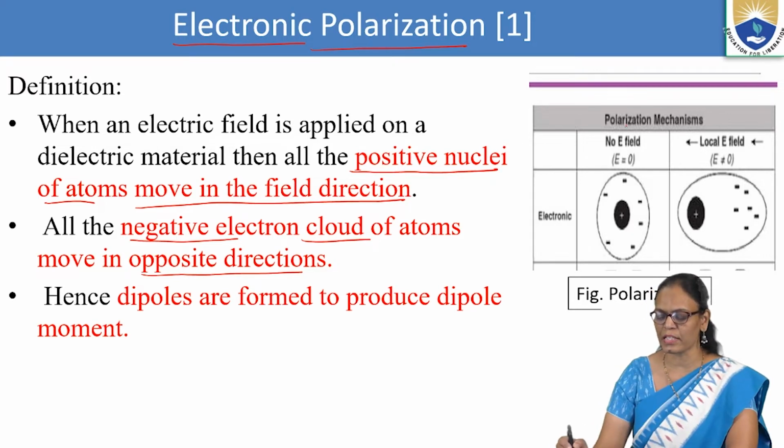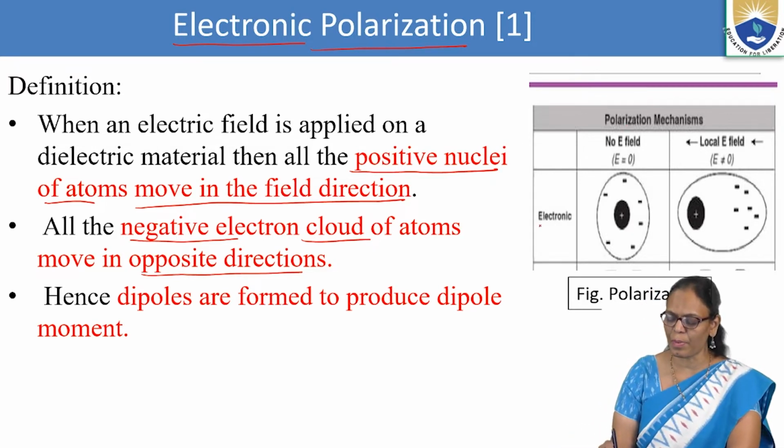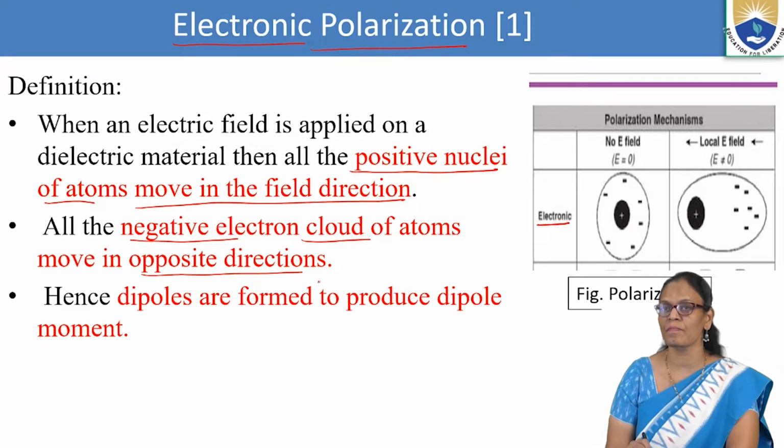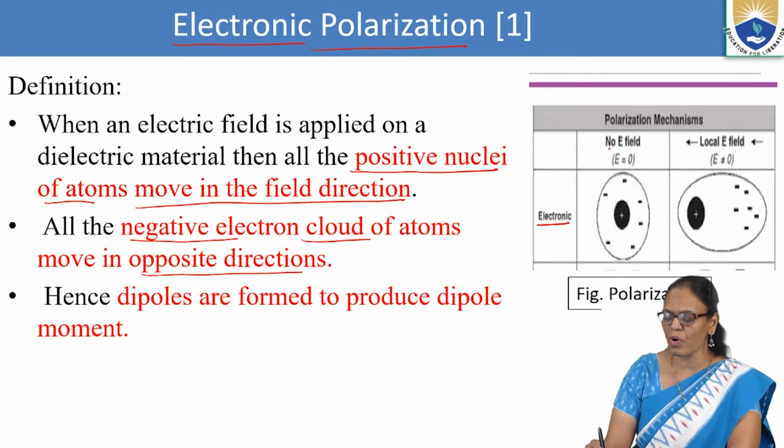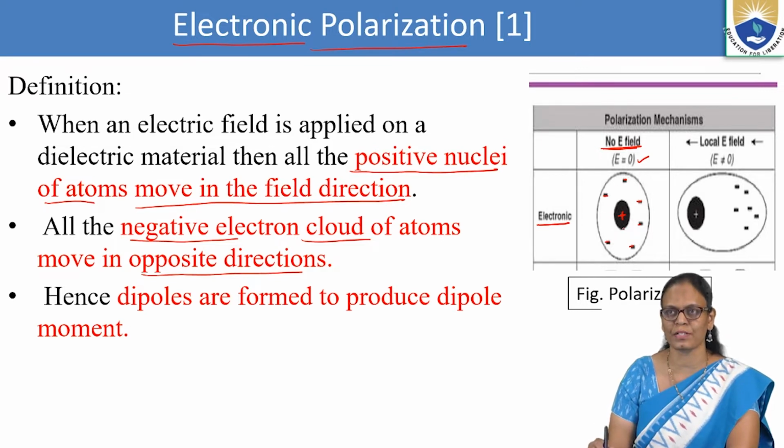Now let us see the figure here. When no electric field is applied, that means E is equal to 0, the positive and the negative charges coincide with each other, and so there is no net dipole moment.